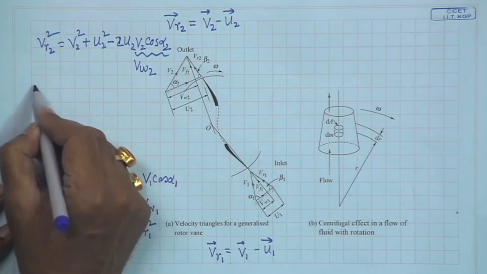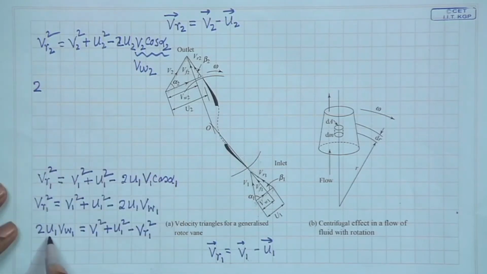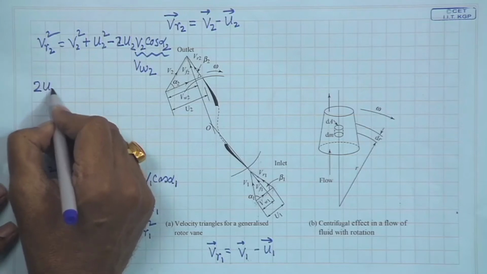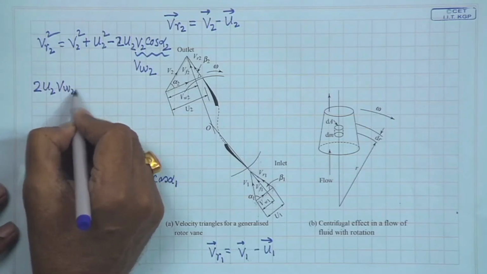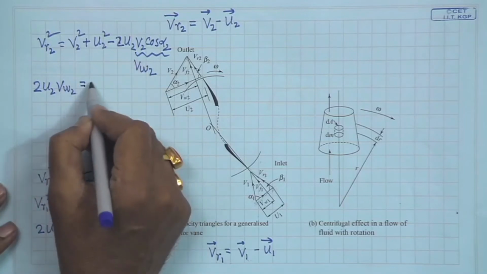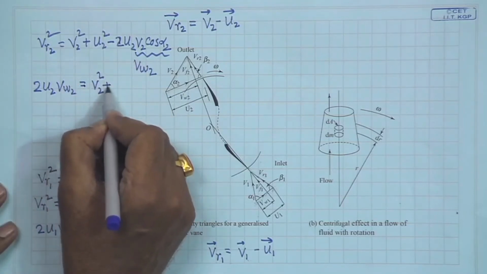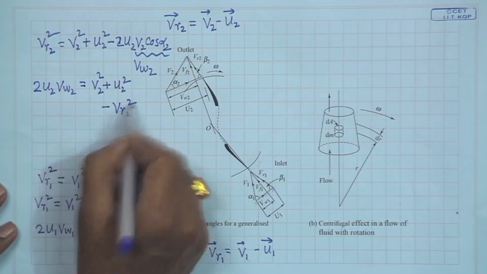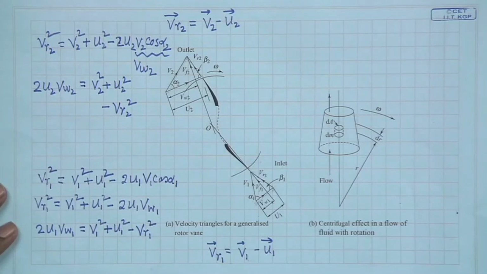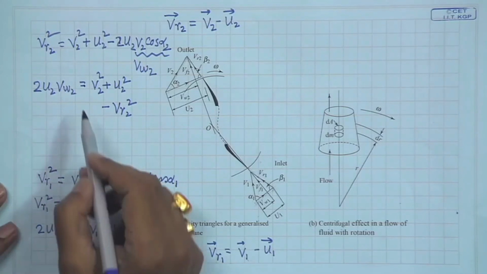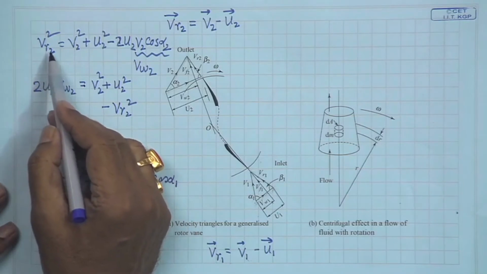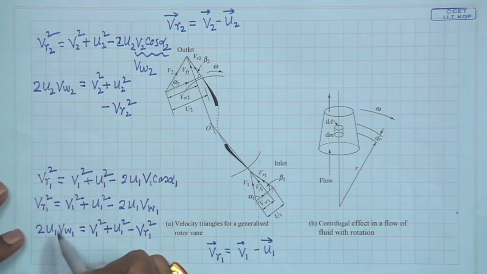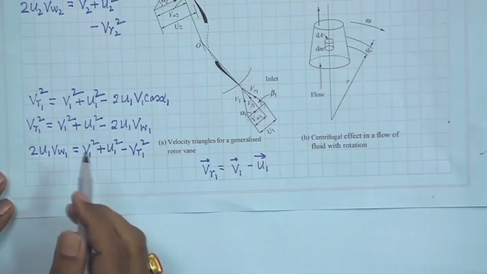So, one can also write here twice U2 VW2 equals V2 square plus U2 square minus VR2 square. Well, now if we subtract this one from this, we get a very important relation.